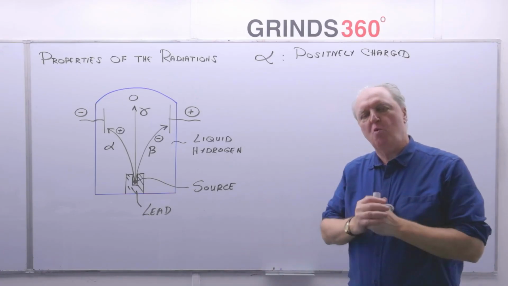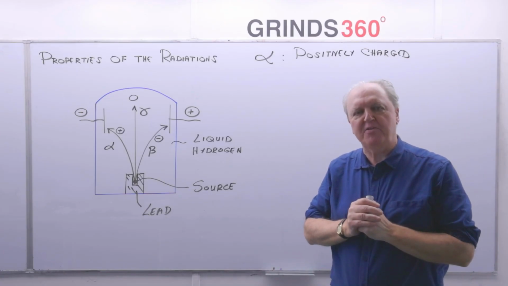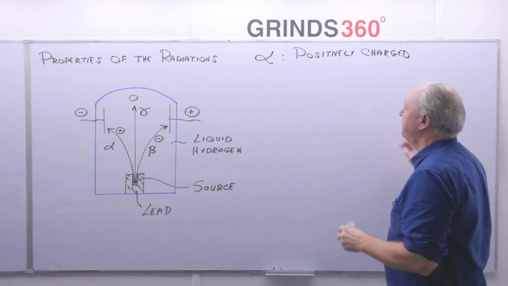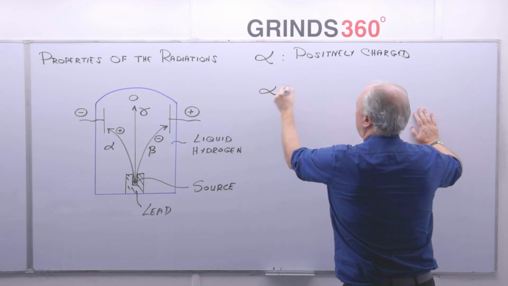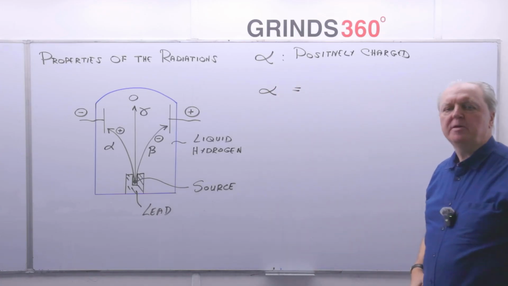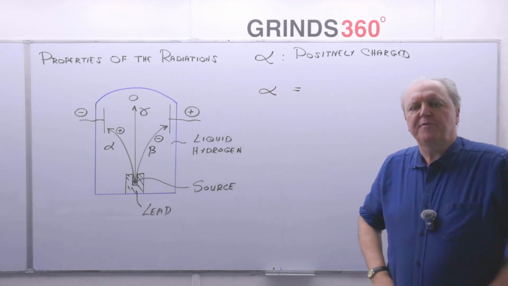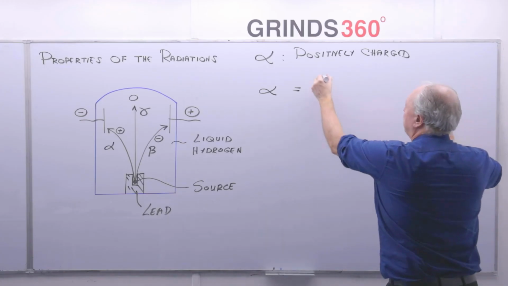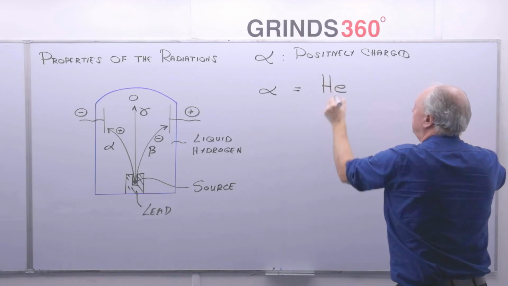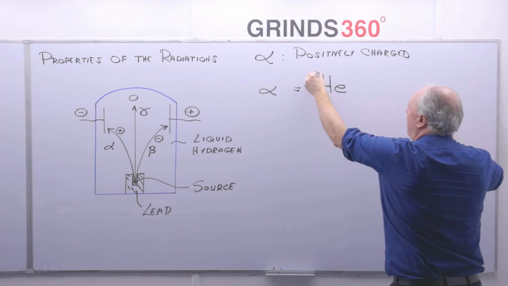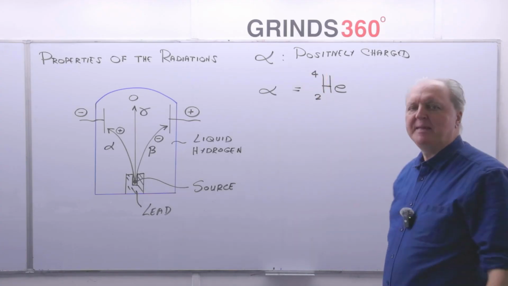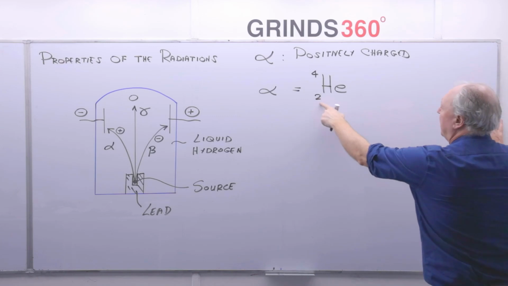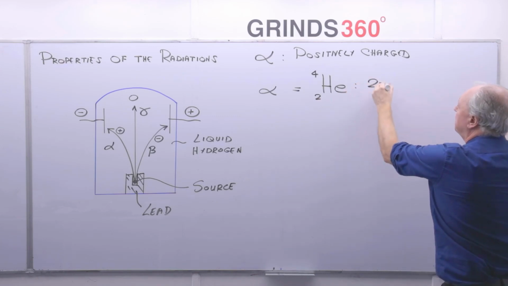Anyway, the chemists got to work and they found out by doing lots and lots of experiments that alphas were equal to helium nuclei. Well, if you go to the periodic table and you write down the numbers for helium, He, the numbers are 2, 4. That means the number of particles in a helium nucleus, it's got 2 protons.